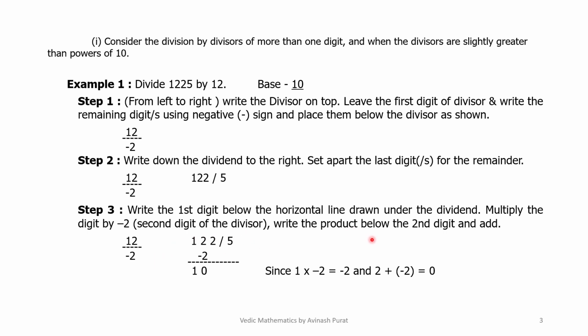Write the product below the second digit and add. So 1 is taken down, 1 multiplied by minus 2 is minus 2, and 2 plus minus 2 is 0.